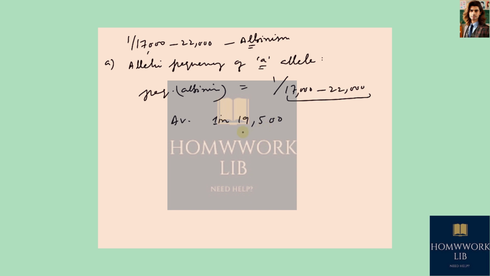So according to the Hardy-Weinberg equilibrium, the frequency of aa genotype is equal to q squared, where q is the frequency of a allele.